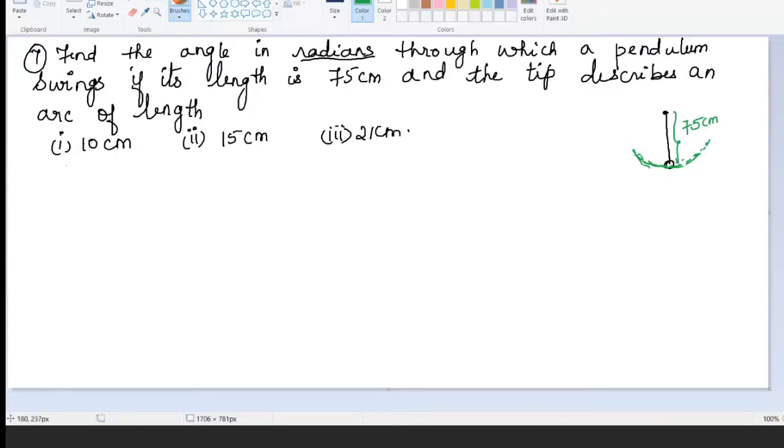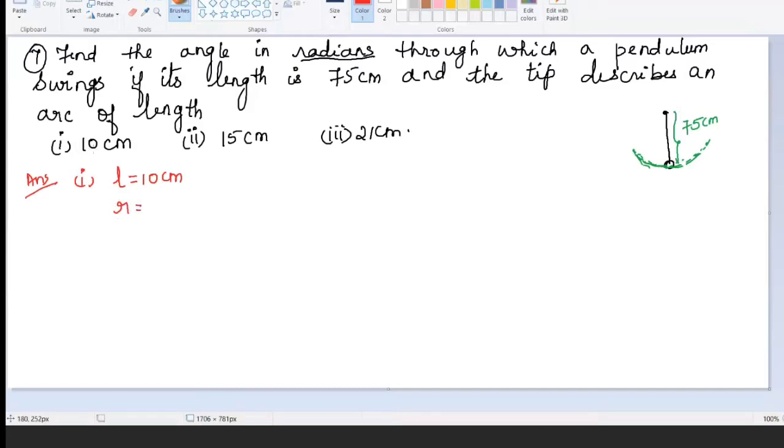So let us answer the first one. Write the solution. First, L is equal to 10 centimeters. Now, can you tell me what R is equal to? Length is 10, so how much will be the radius?